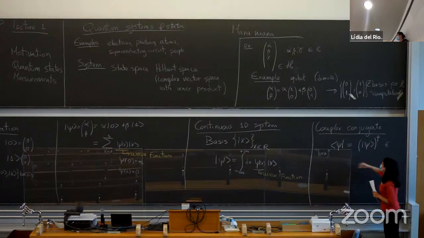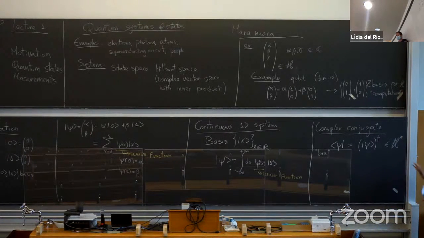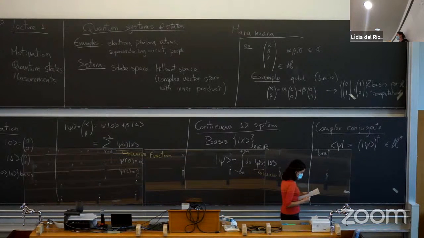The space of these, depending on the notation, you call it different things, but it's like a copy of the Hilbert space, where everything is just rows instead of columns. You can be more or less rigorous in what these things really are, but for now, don't worry about it.